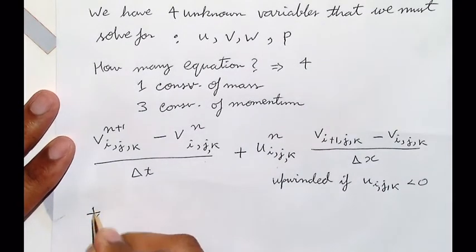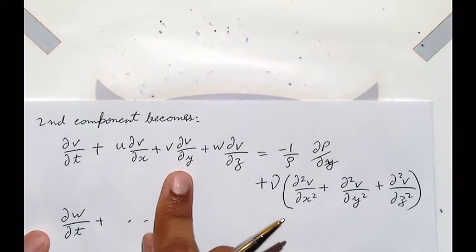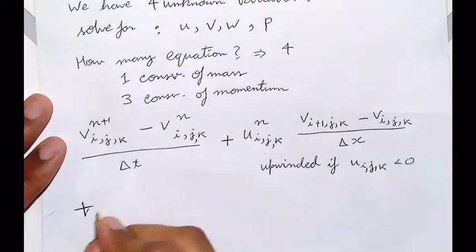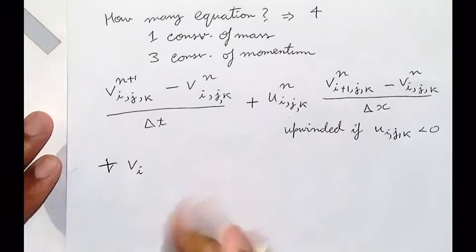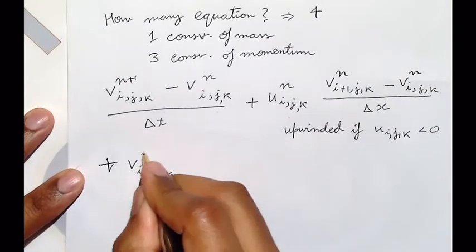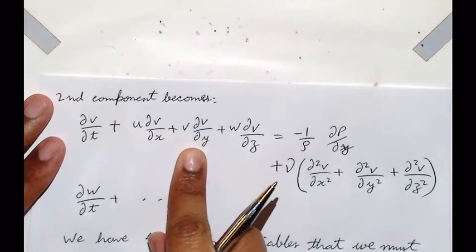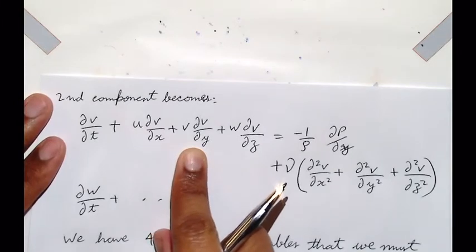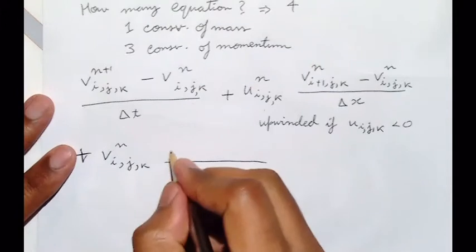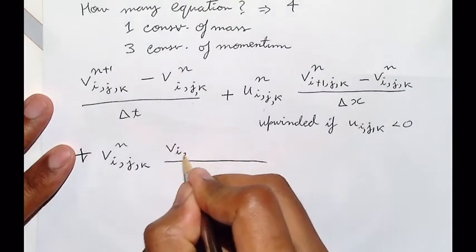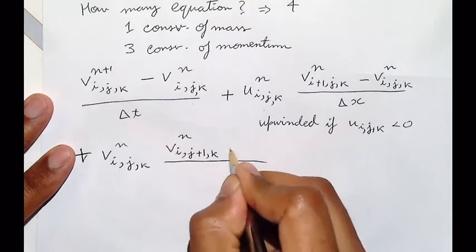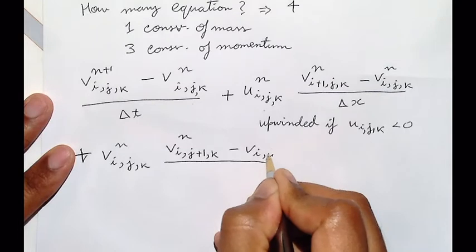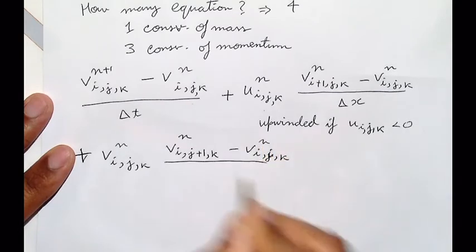So it's V, I, J, K at N, times V at I, J plus 1, K, minus V, I, J, K, over delta y.